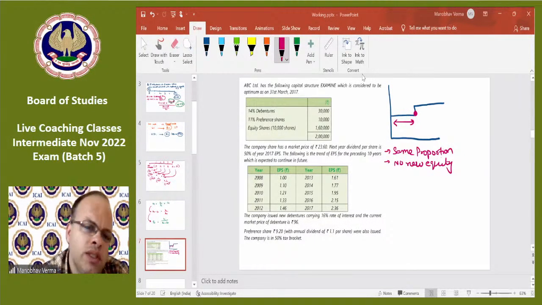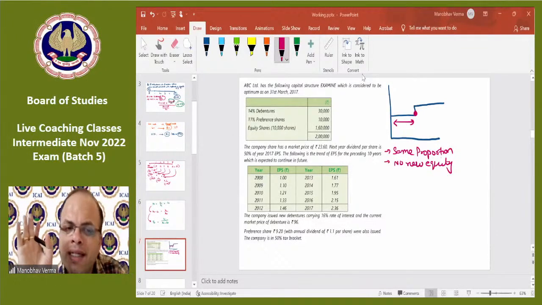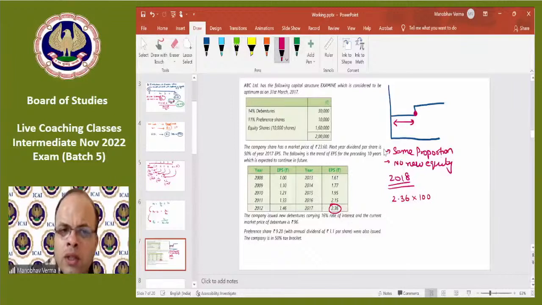So if I read that question again, we are talking about that amount that can be spent for capital investment before new ordinary shares, assuming the retained earnings for the next year investment are 50% of 2017. So for 2018, what will be my retained earnings? 2.36 is given to us, into 10,000 is the number of shares you are telling me, into 50%.